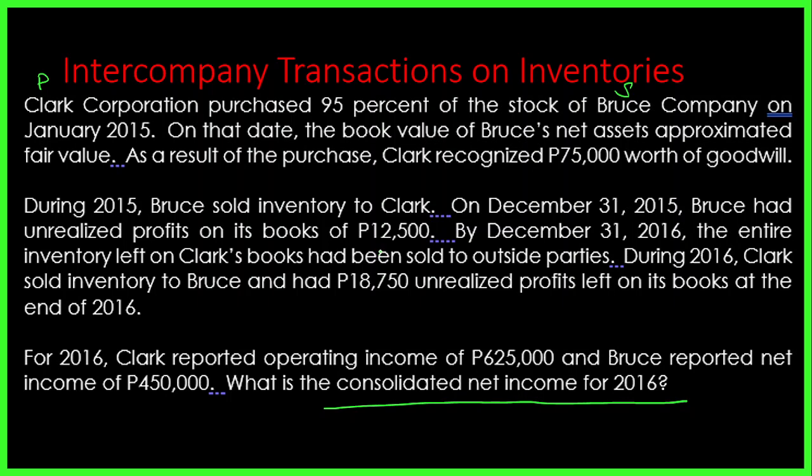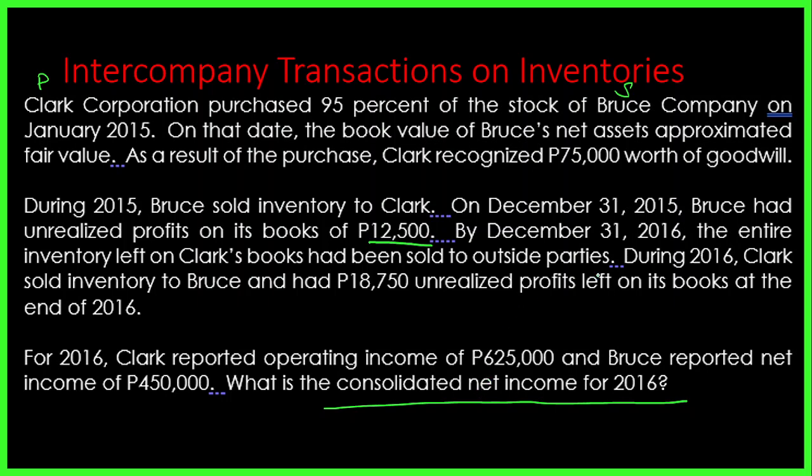So if you are computing for 2016 CNI, your unrealized gross profit last year will be your realized gross profit this year. For CNI, that will be 100%. Now, if this is an upstream sale, you have to distribute that between the parent and the minority interest. Pero pag downstream yan, lahat yan pupunta sa parent.